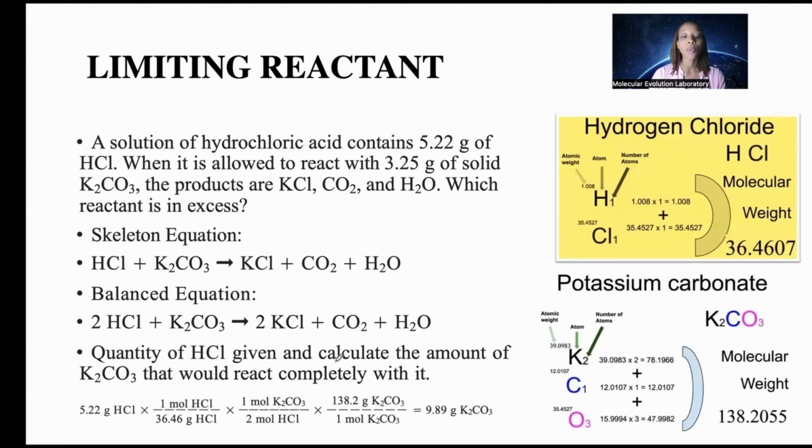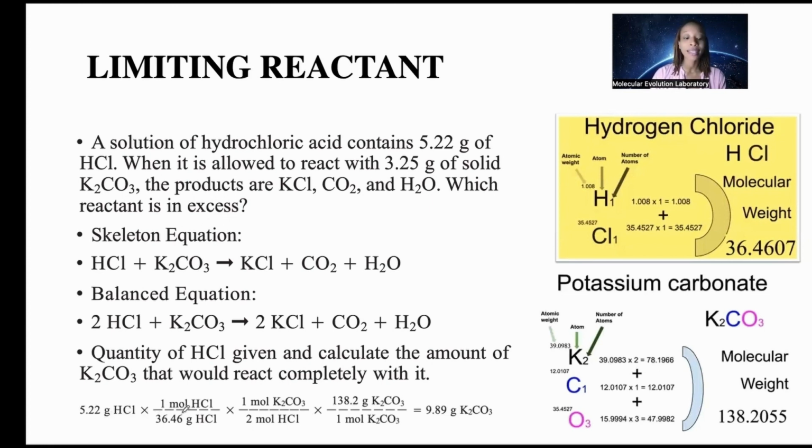So basically, we're given a solution of hydrochloric acid that contains 5.22 grams of hydrochloric acid. If you allow this to react with 3.2 grams of solid K2CO3, the products are these, and we're looking for the reactant in excess. Finding the excess reactant, we automatically find the limiting reactant as well.